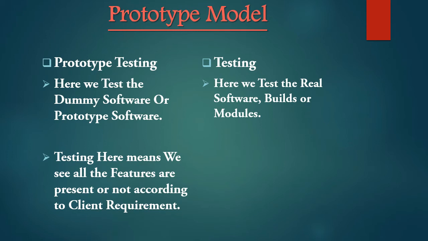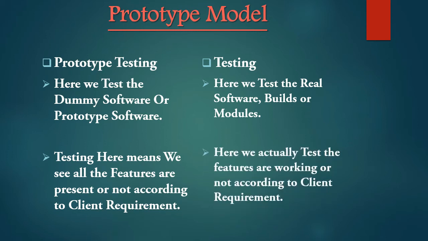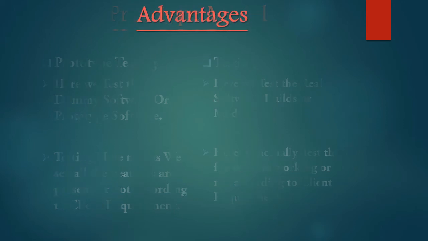The second difference is, in testing we see whether all the features are present according to the client requirement, and we actually test whether the features are working or not according to the client requirement.